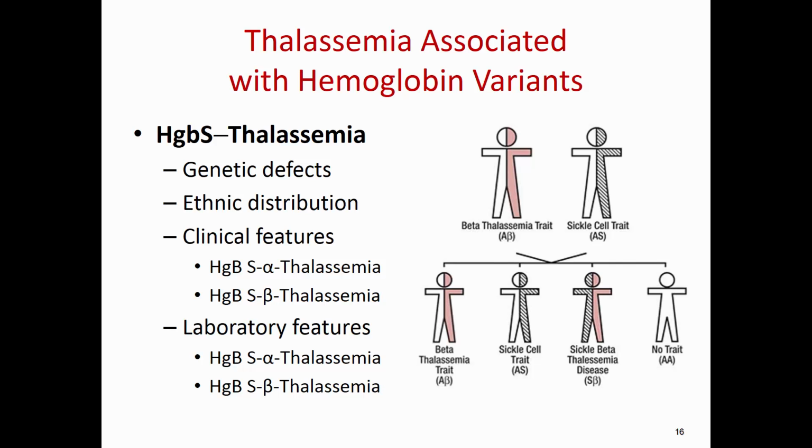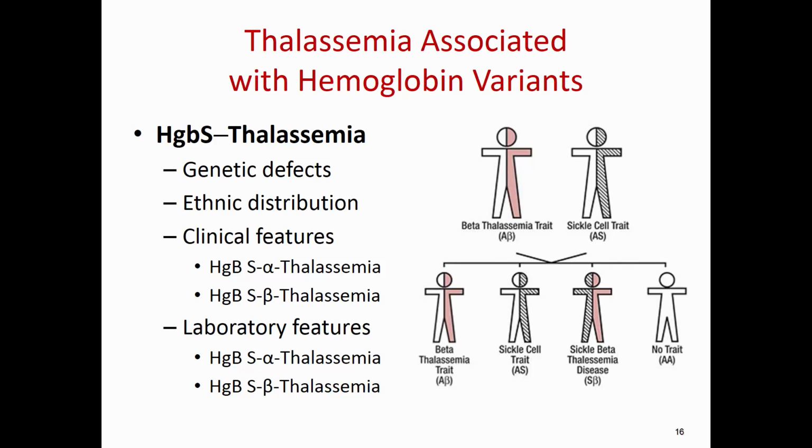Because as you have more mutations in this case, the hemoglobin is going to increase with two mutations. If you have three alpha mutations in this person with sickle cell disease, hemoglobin and hematocrit is going to go up.